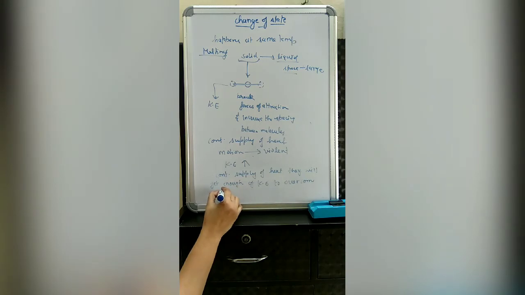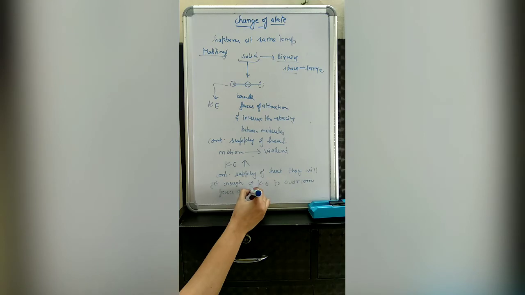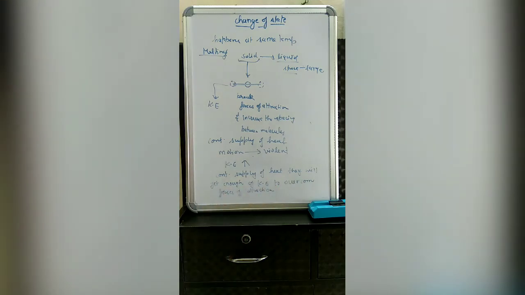Forces of attraction, or to break the bond between the molecules, and then the solid converts into the liquid state. This is according to the molecular model of the solids.